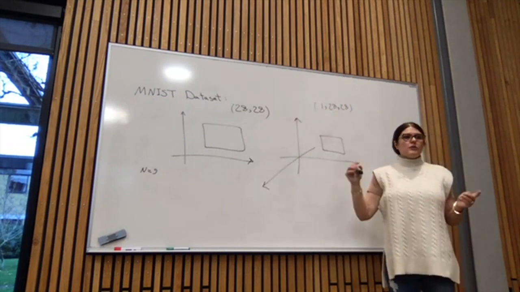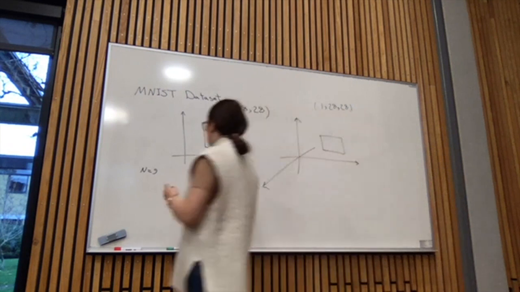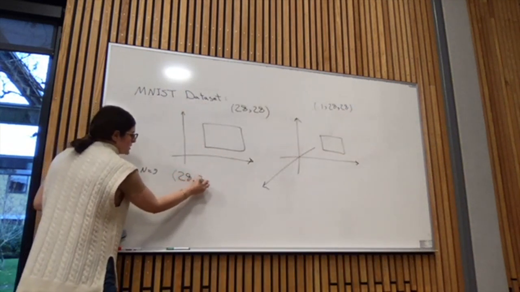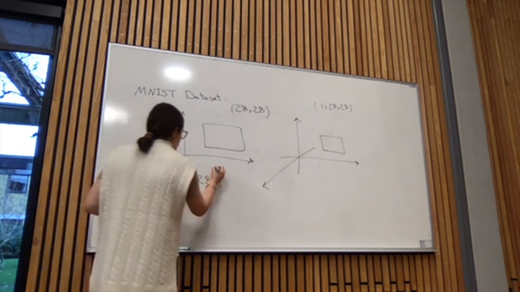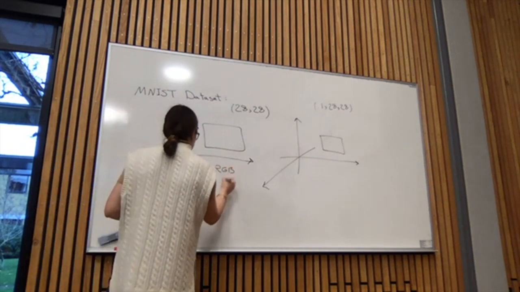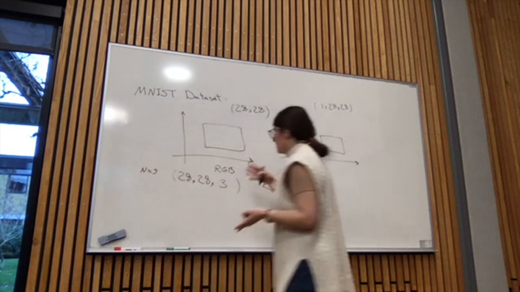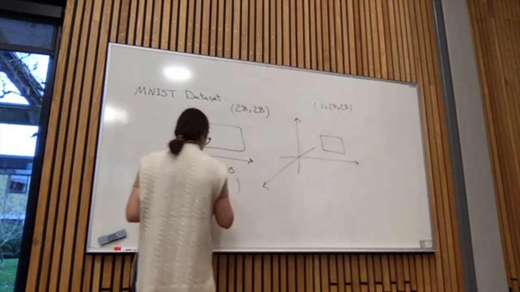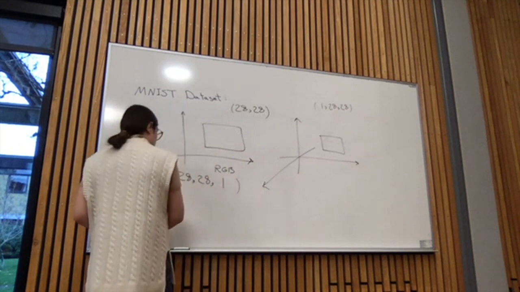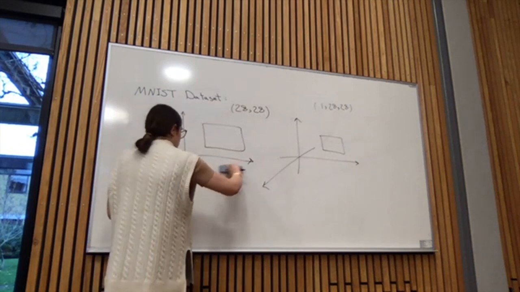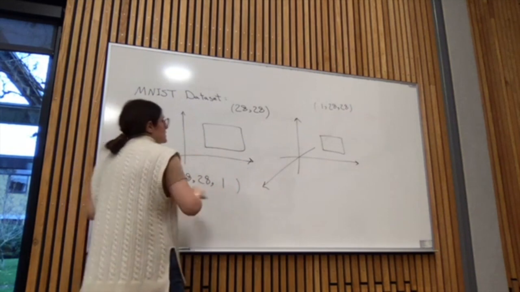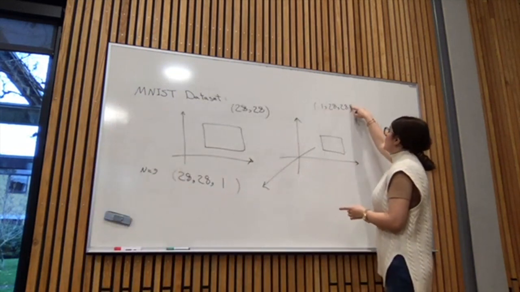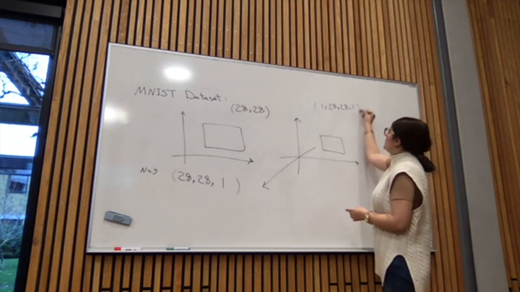Normally the computer sees an image like 28 by 28, and the third one is RGB. It should be 3 if it's a color image, but we have just 1 here because it's not RGB. So the dimension of your image should be 128, 28, and then 1.